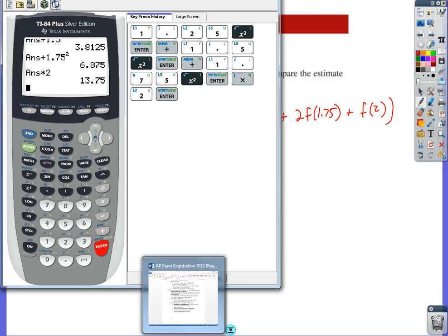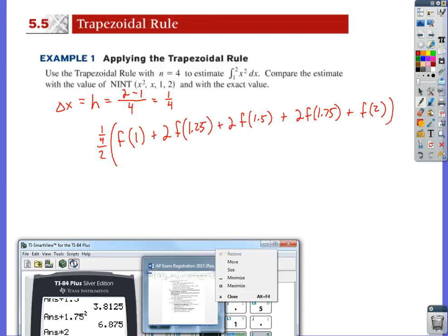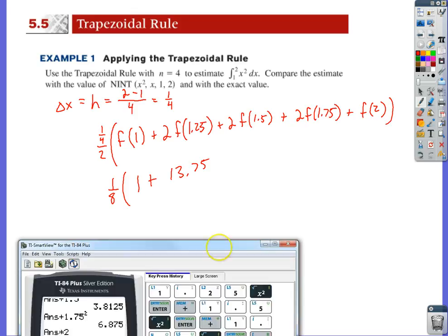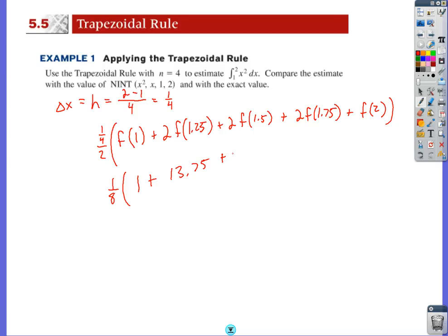It's 13.75. So what I get here is 1/8. F of 1 is 1 plus 13.75. Is that right? Yep. Plus f of 2, which is 4.